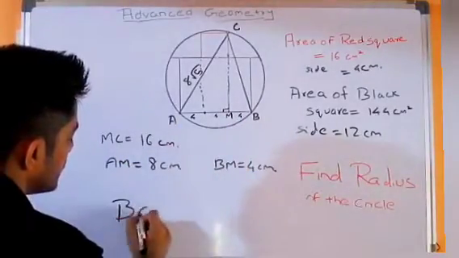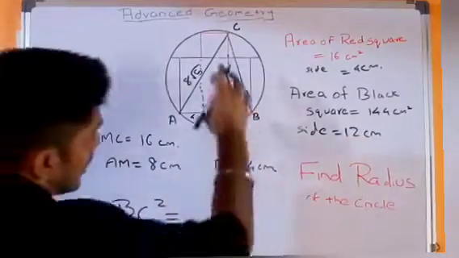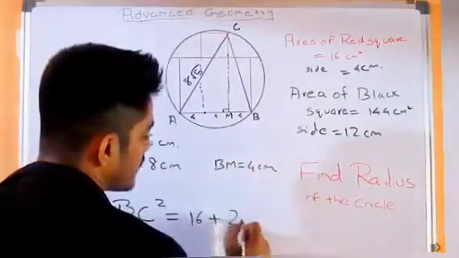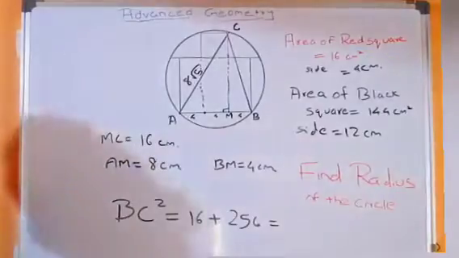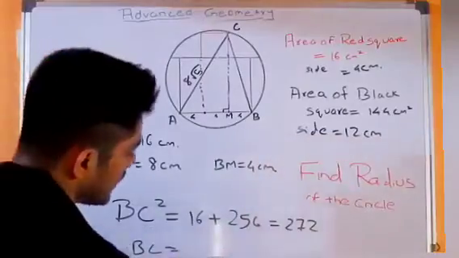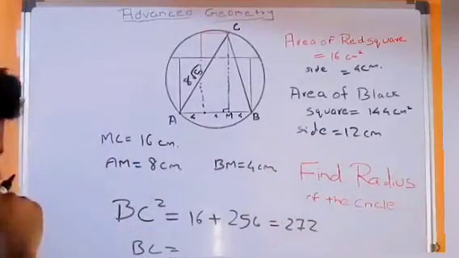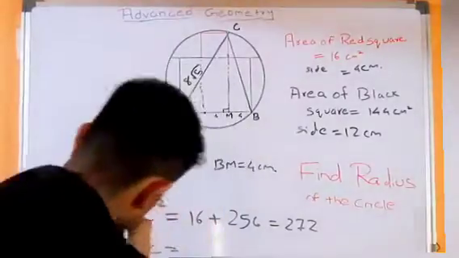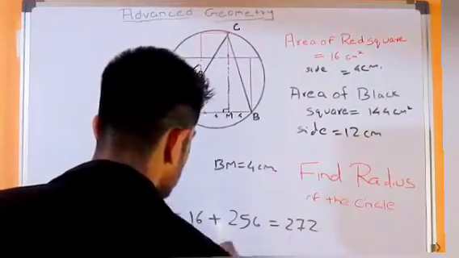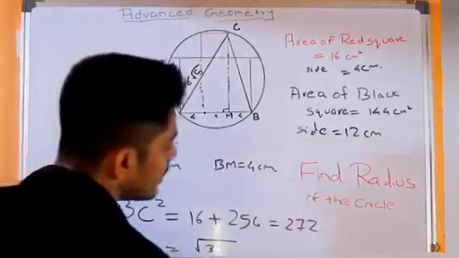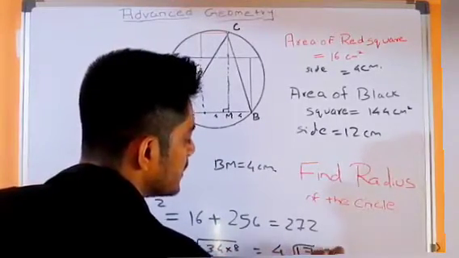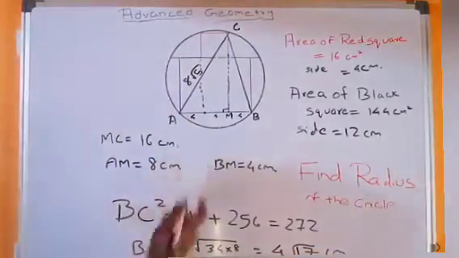So BC square is equal to 4 square, which is 16, plus MC square, 16 square, which is 256, which is nothing but 272. So BC can be written as 16 into 17, which is nothing but 4 root 17. So I got the value of BC too, which is 4 root 17.